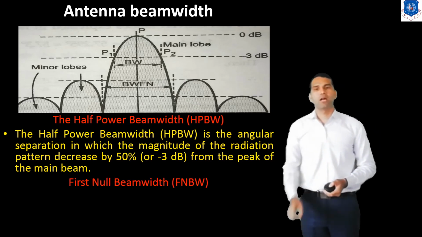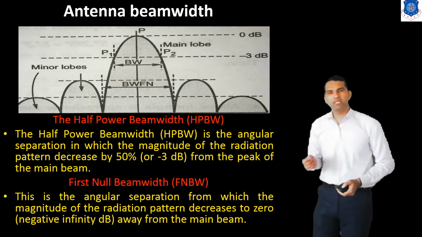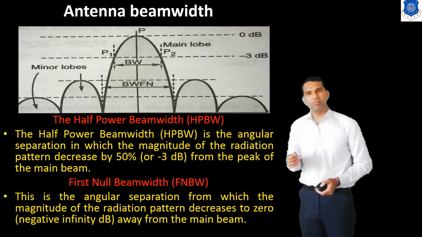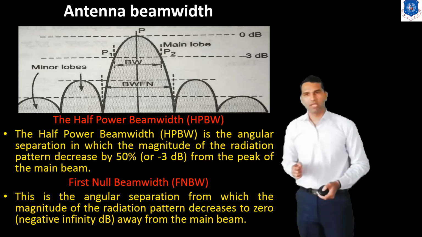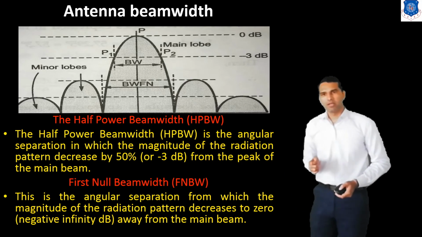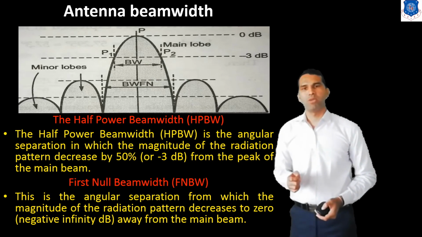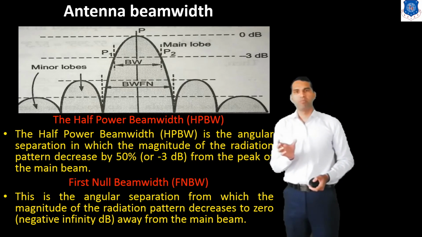And the first null beam width is defined as the angular separation from which the magnitude of the radiation pattern decreases to 0, or we can say negative infinite dB, away from the main beam. So this is the first null beam width, or BWFN.